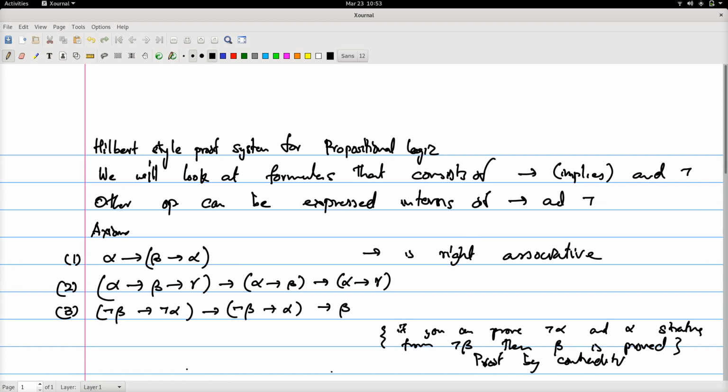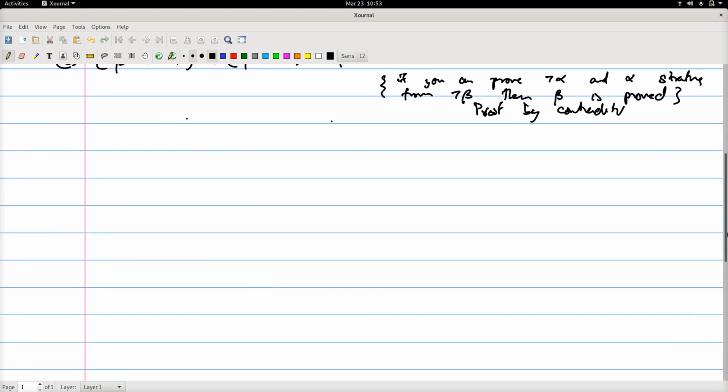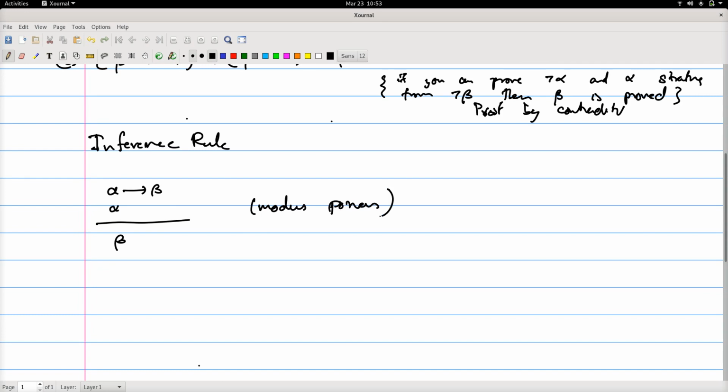And there is only one inference rule, which is as follows. From alpha implies beta and alpha, you can conclude beta. It's called modus ponens. This is also a lemma.